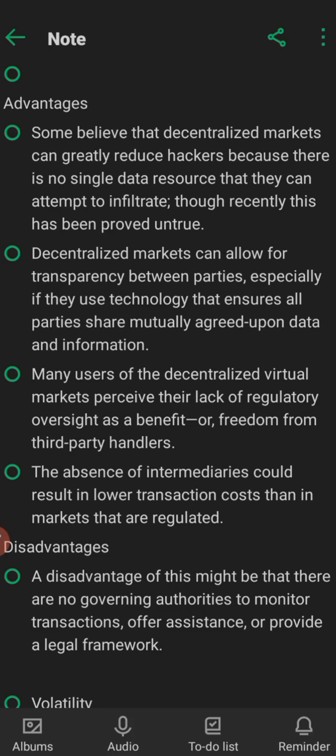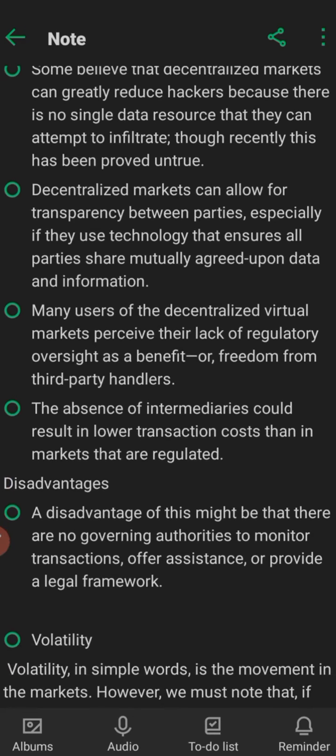Also, many users of the decentralized virtual market perceive their lack of regulatory oversight as a benefit, or freedom from third party handlers. And lastly, the absence of intermediaries could result in lower transaction costs than in markets that are regulated.